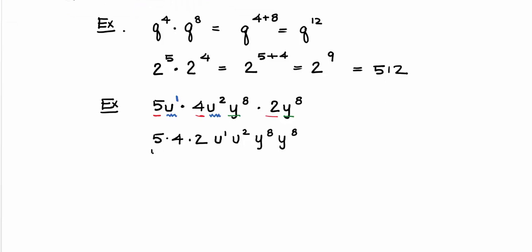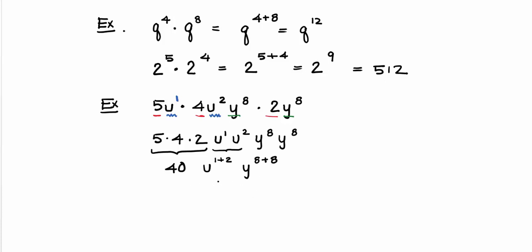Okay. Well, this is just a number. 5 times 4 is 20, times another 2 gives me 40. My u's, that's the same as u to the 1 plus 2. I remember when they have the same bases, I simply add the exponents. And then I have a y to the 8 plus 8.